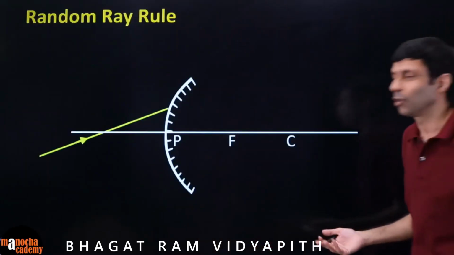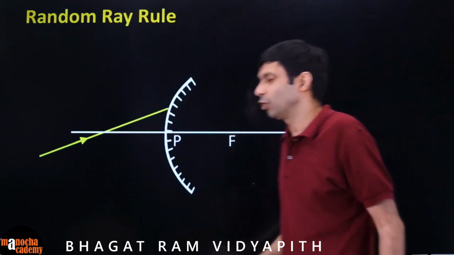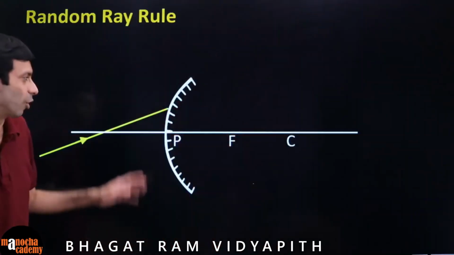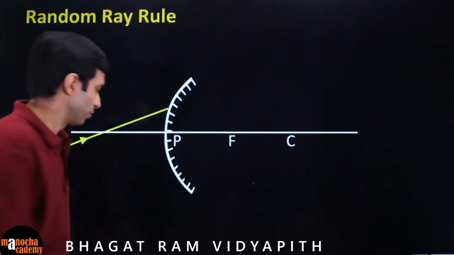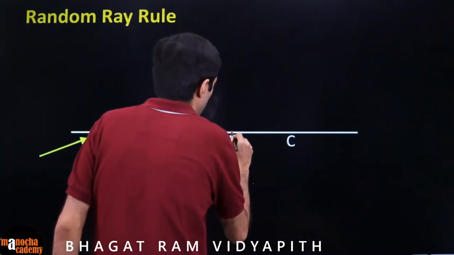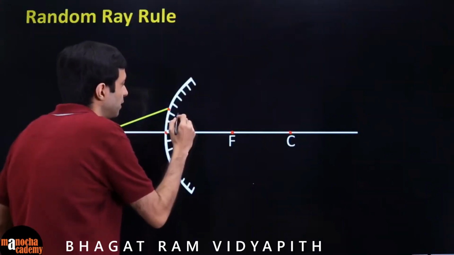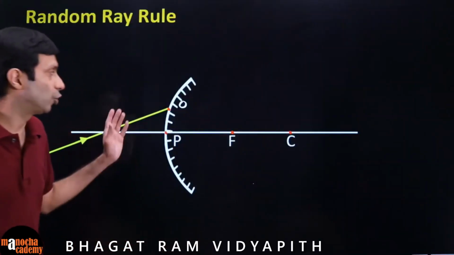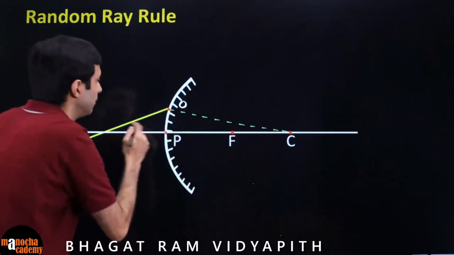And same thing here. For a convex mirror, what will you do? Same thing, you are basically going to draw the normal here. Once again, you have your pole, your focus and center of curvature. This O is the point of incidence. So go ahead and join O and C to form your normal, and just extend OC.